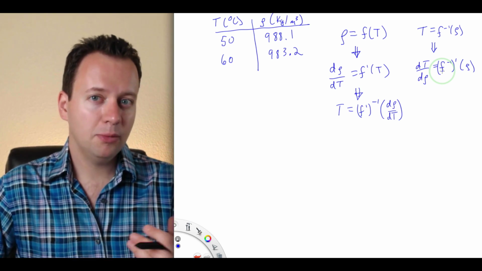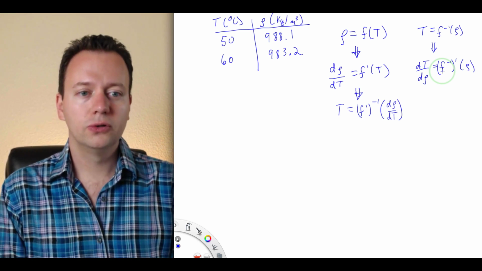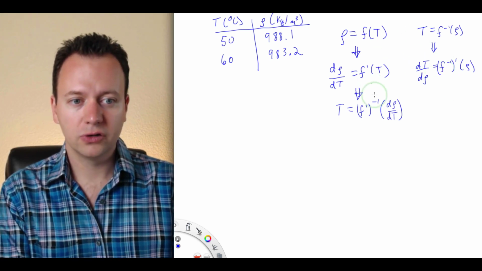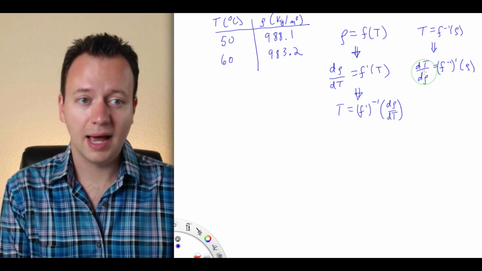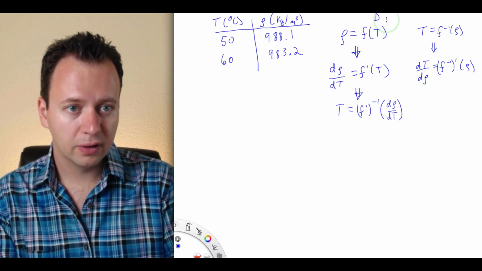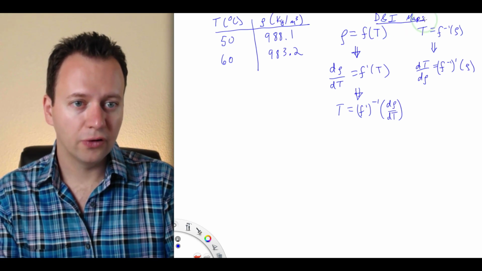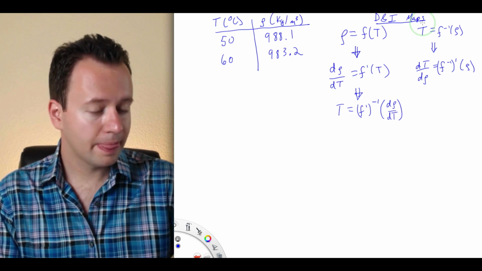Now we just have a table of data, and so we can use these data points to approximate different values of each of these five main characters in the D&I maps. So this would be the derivative and inverse maps for our function, the density as a function of temperature.